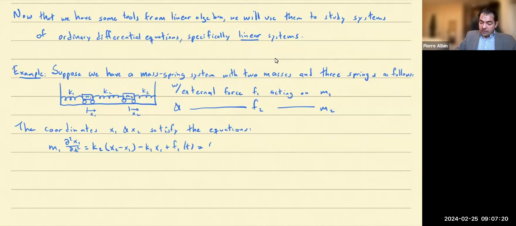So we could group this together as the things that are affecting x1, things that are affecting x2, and then the external force.